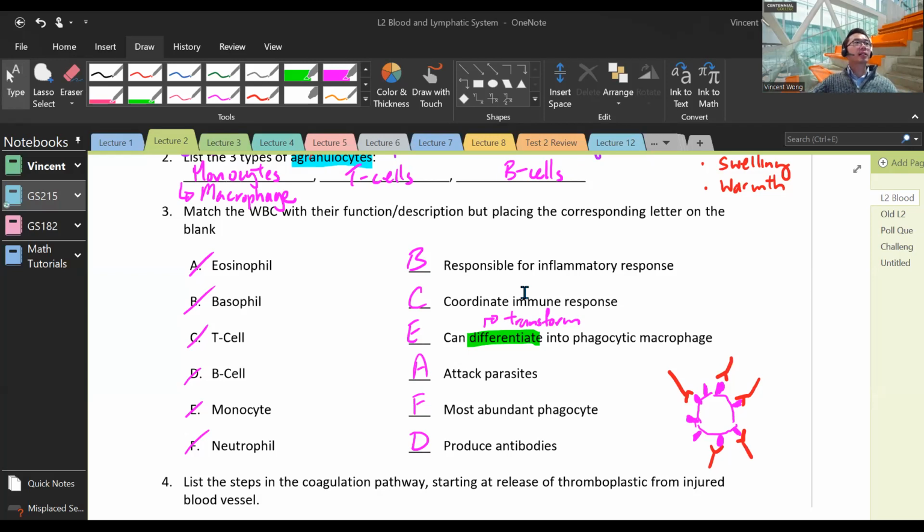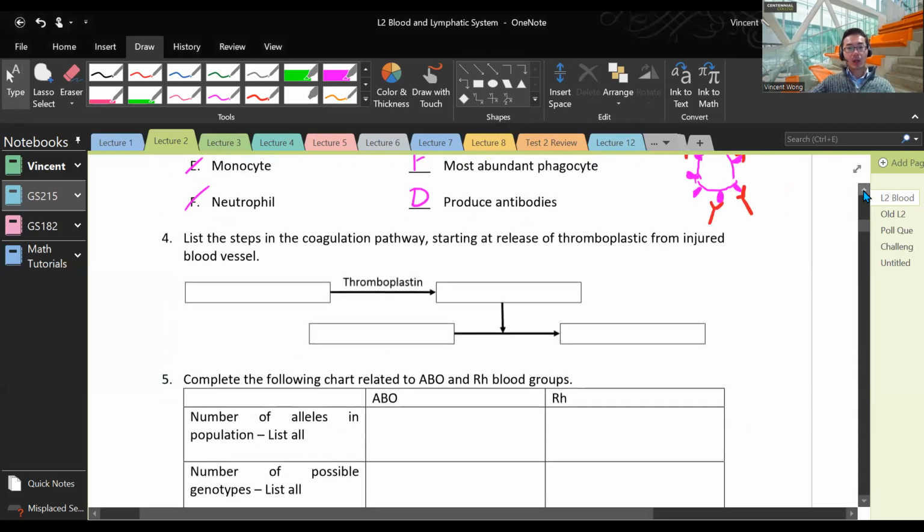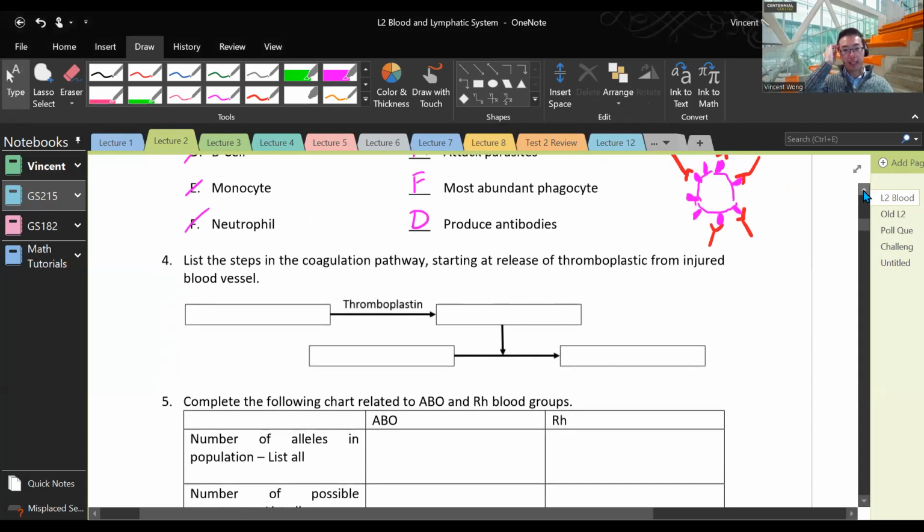All right, moving on. List the steps in the coagulation pathway, starting at release of thromboplastin from injured blood vessel. Typically, we have our blood vessels, and last week I told you blood cells like a smooth surface, so they would just be floating by, no problem.